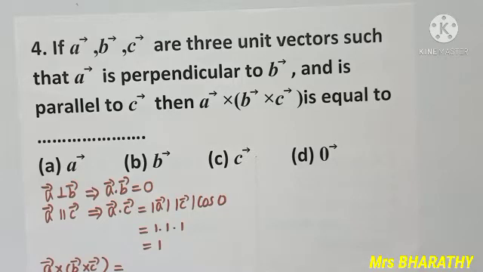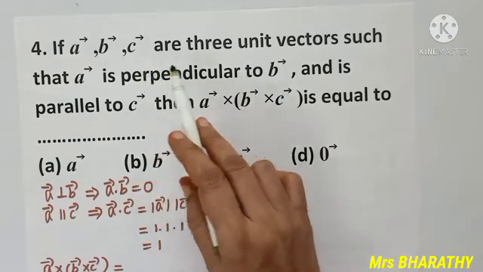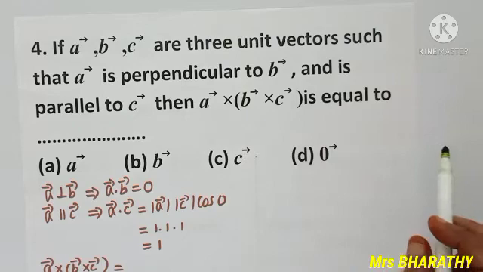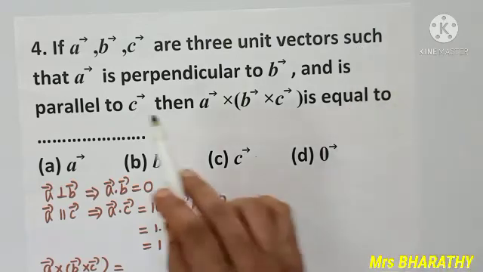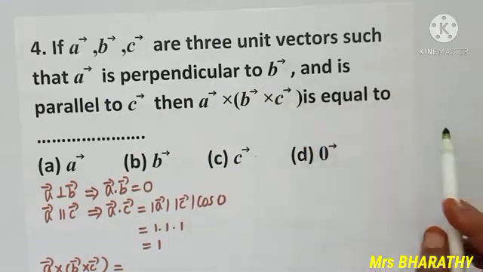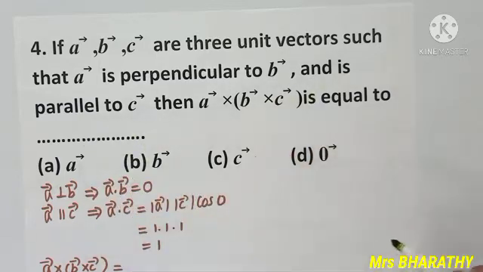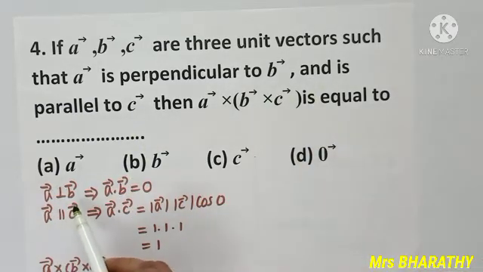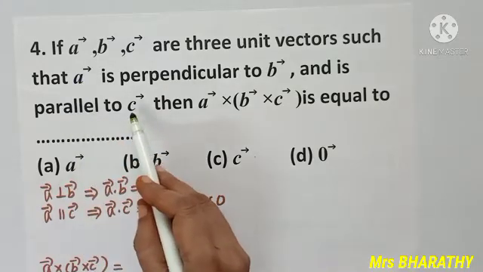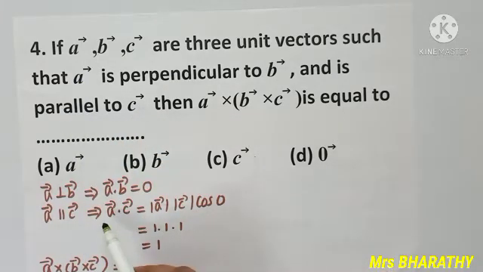Question number 4. If A vector, B vector, C vector are three unit vectors such that A is perpendicular to B and is parallel to C. A perpendicular to B tells me A dot B is 0. A parallel to C tells me what is A dot C? It is mod A, mod C, cos angle between them.